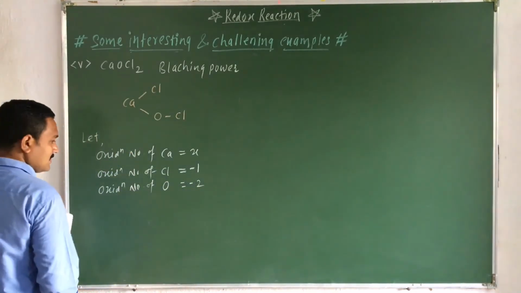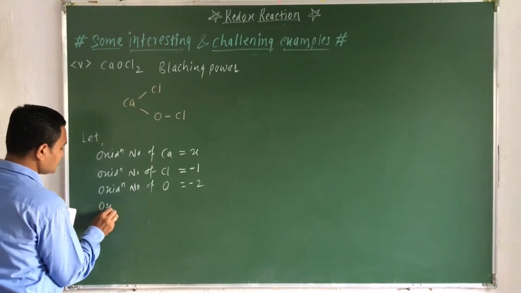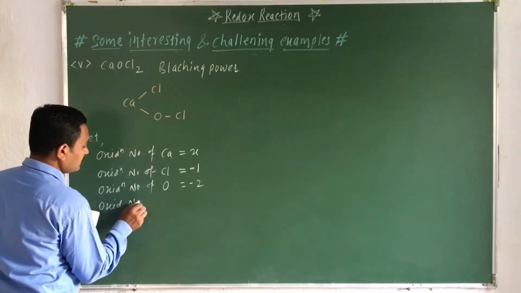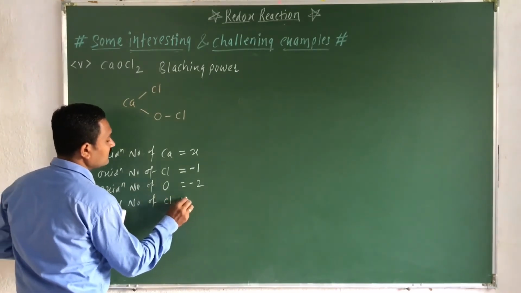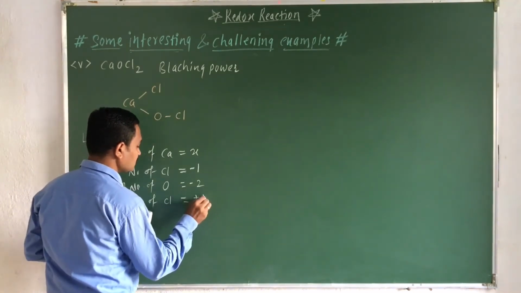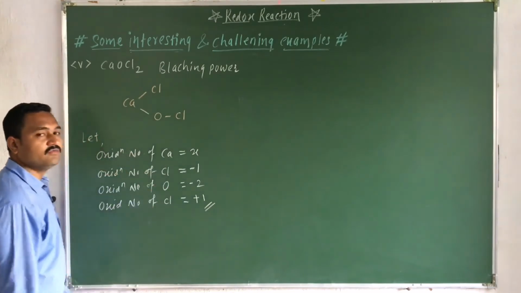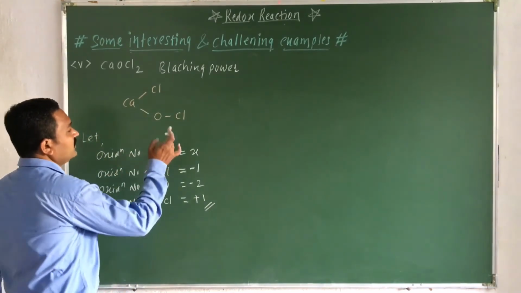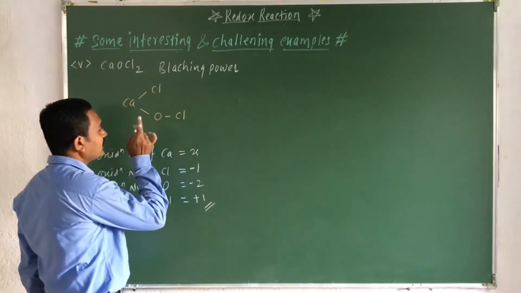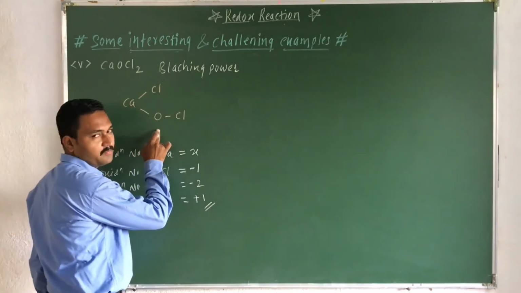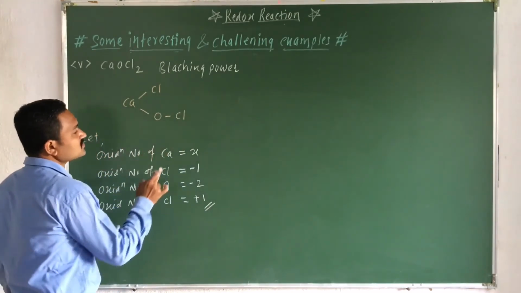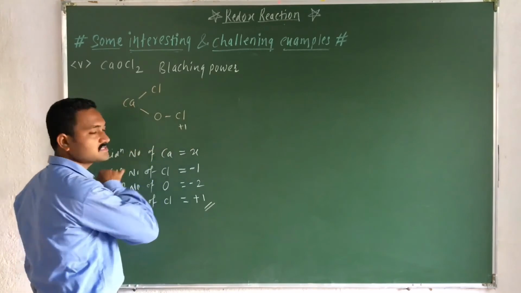And obviously the oxidation number of chlorine will be equal to +1. So this is simply one rule which we have learned: whenever the halogen atom is attached with the oxygen compound, its oxidation number is considered as +1.